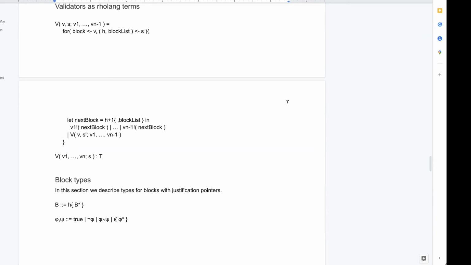So this is now not a given number, but a predicate, which you could apply to numbers. An example of such a predicate would be is prime. So you could check to see if the height is prime. And if the height is prime, then you check to see that the justifications each satisfy these specifications.